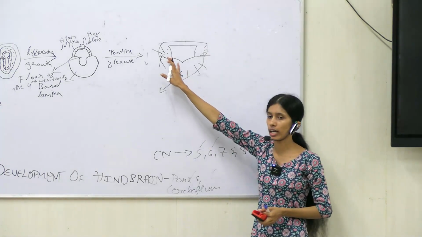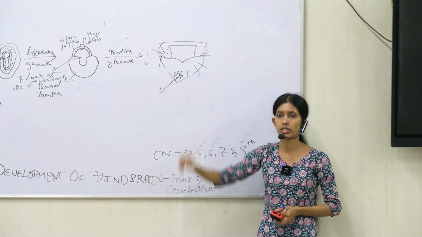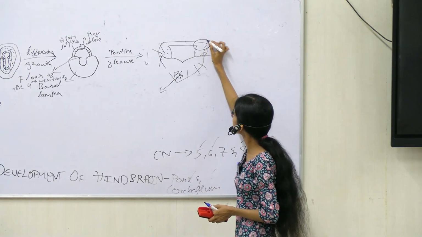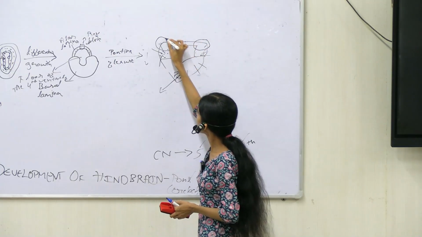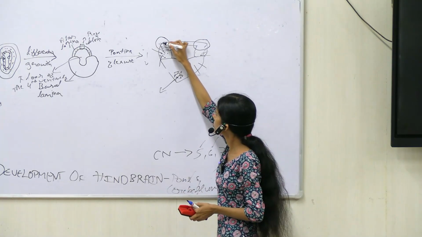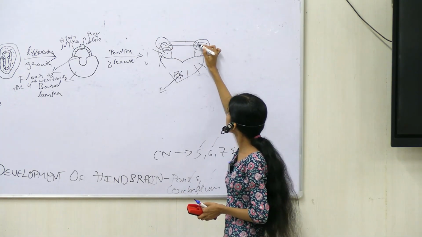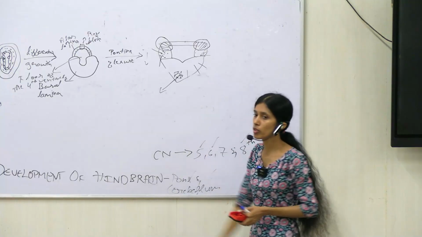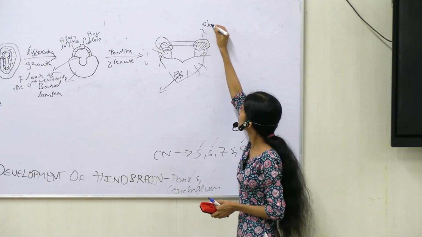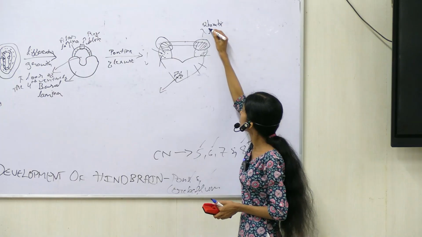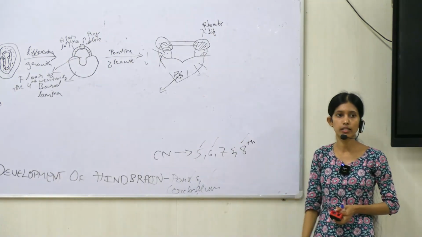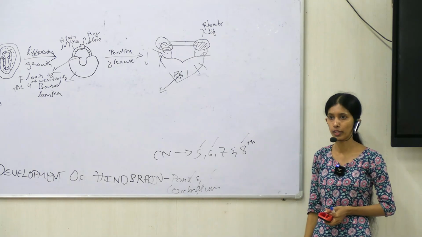Once your alar lamina is pushed towards the dorsolateral side, this particular region will get thick in structure like this. Okay. So this part is called the rhombic lip. From this rhombic lip, your entire cerebellum is going to develop.